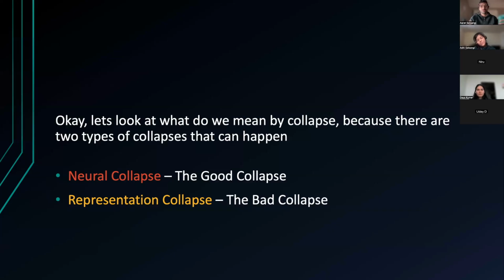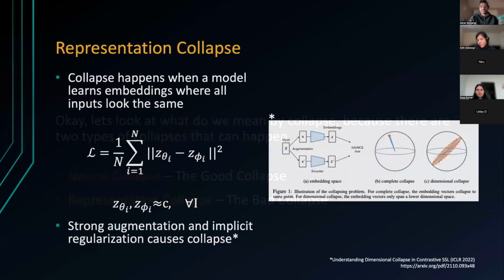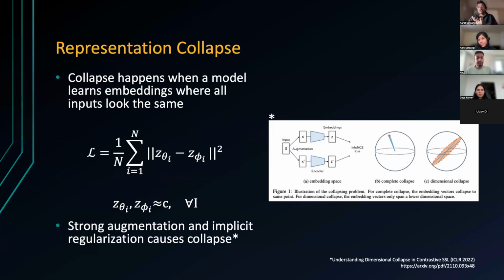Okay, now coming to representation collapse. Collapse happens when a model learns embeddings where all inputs look the same. What you will be doing is minimizing the loss in an energy-based model, or any model, you'll be minimizing a loss function.